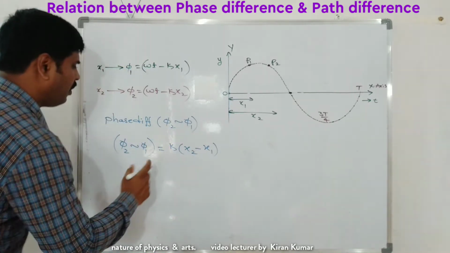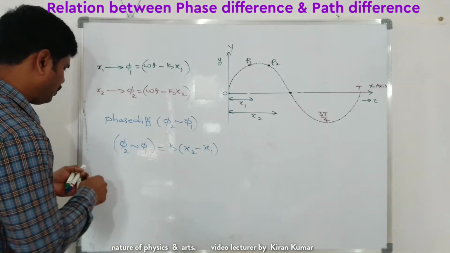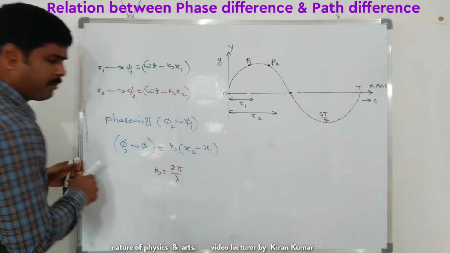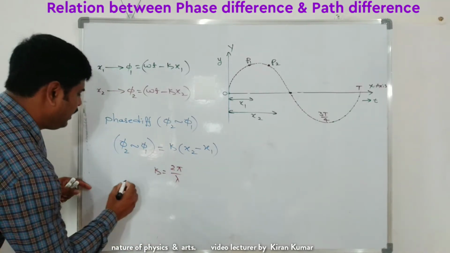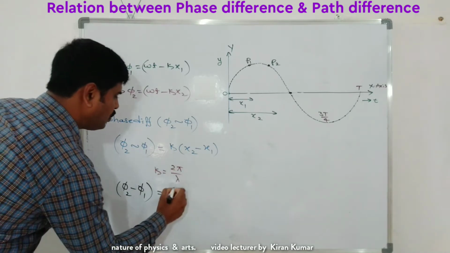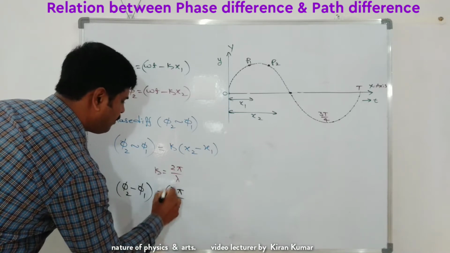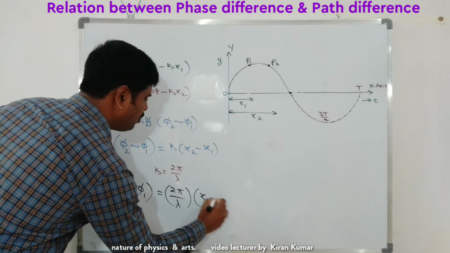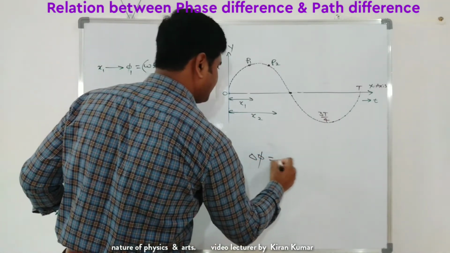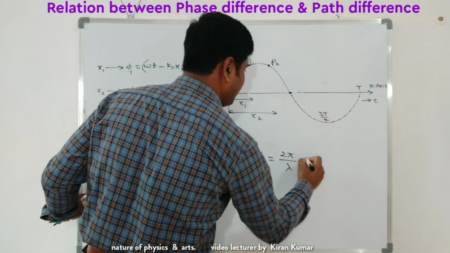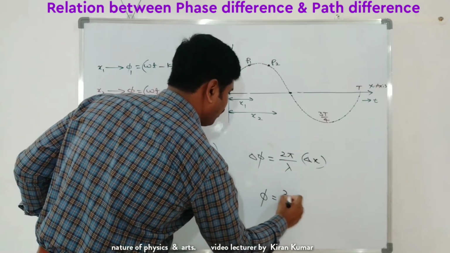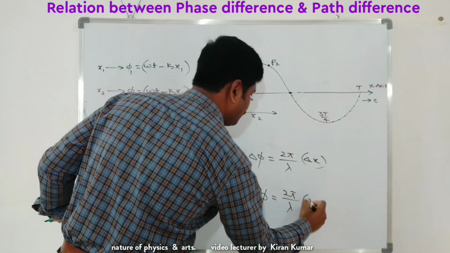Okay, see now, k is equal to 2 pi by lambda. Then the resultant equation, phi 2 minus phi 1, is equal to 2 pi by lambda into x2 minus x1. Then we can write delta phi is equal to 2 pi by lambda into delta x, or we can write phi is equal to 2 pi by lambda into x.